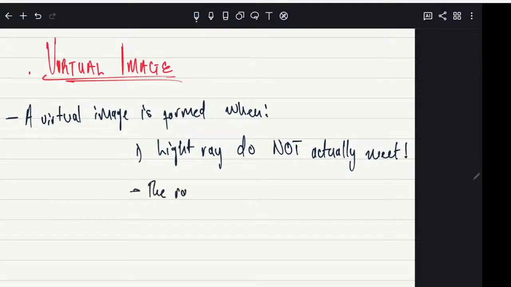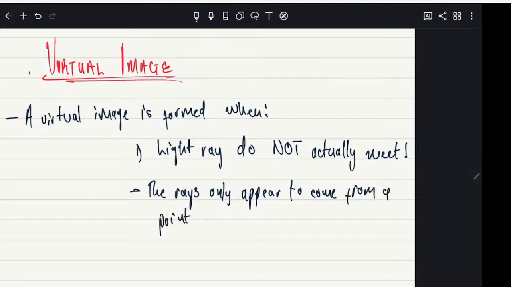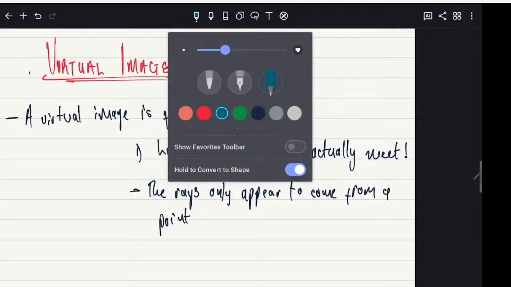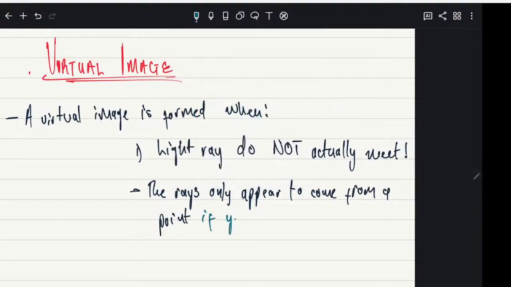The rays only appear to come from a point if you trace them backwards.